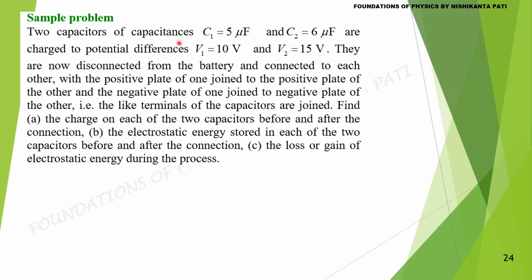Two capacitors of capacitances 5 microfarad, 6 microfarad are charged to potential difference 10 volt and 15 volt. Then they are disconnected from the battery and connected to each other with the positive plate of one joined to positive plate of other and the negative plate of one joined to negative plate of other.